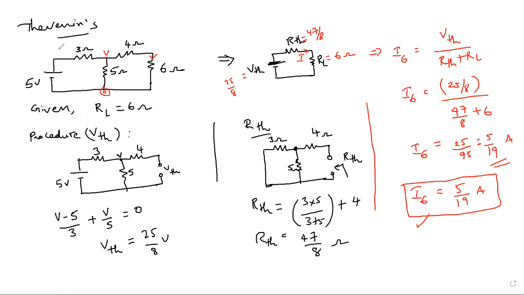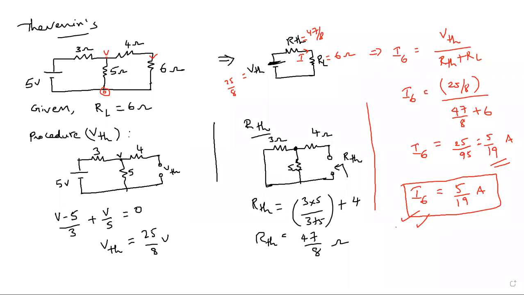The equation is (V minus 5) by 3 plus V by 5 plus V by 4 plus 6, that is V by 10. You need to find the value of V, and then substitute it into this branch, V by 10. Then check whether you obtain the same or not.